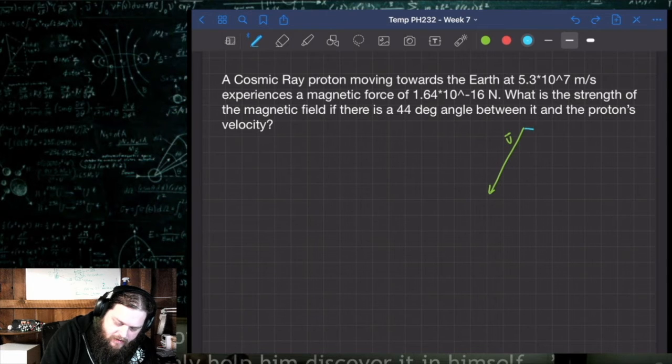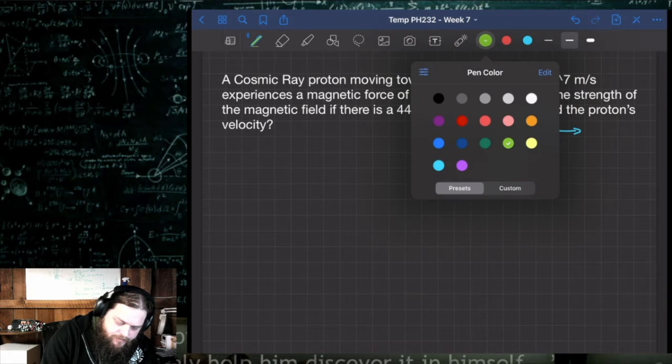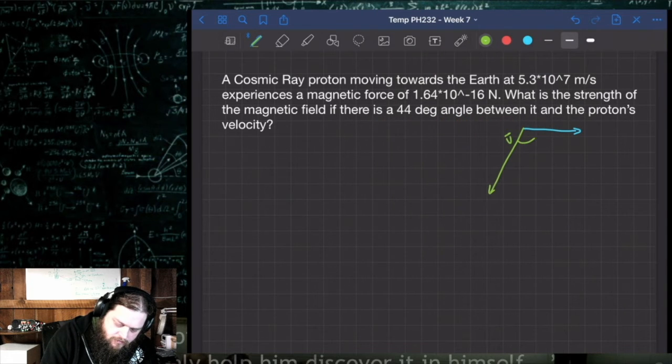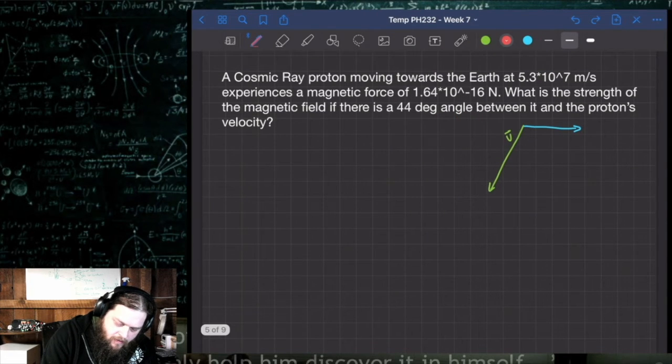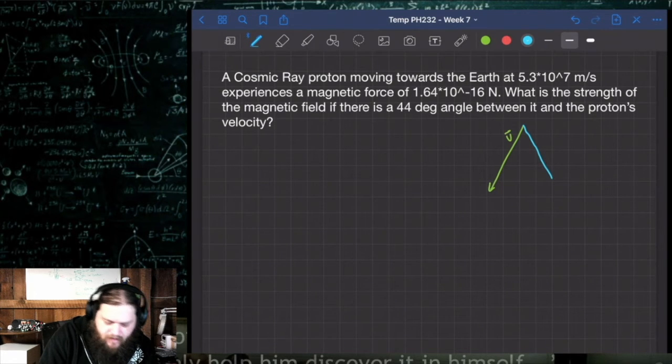We can draw it like this. And we know this is 44 degrees. I don't know if I actually drew it 44 degrees. I don't think I did. Maybe that's better.